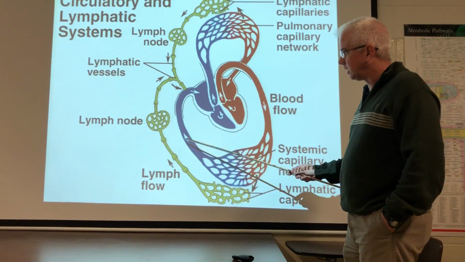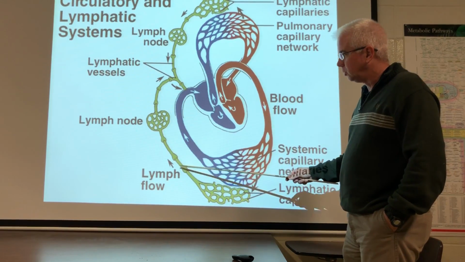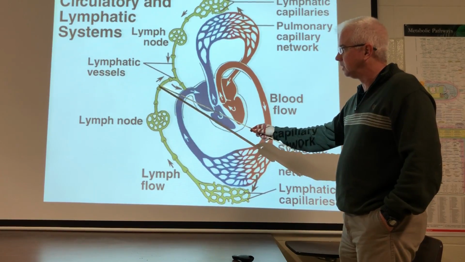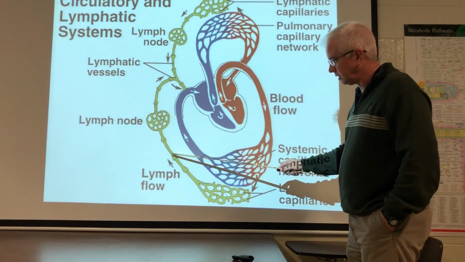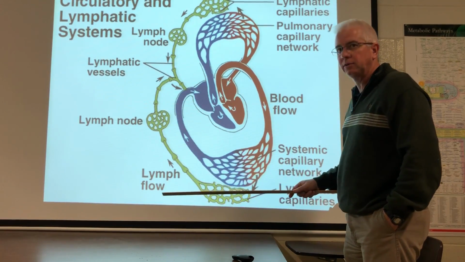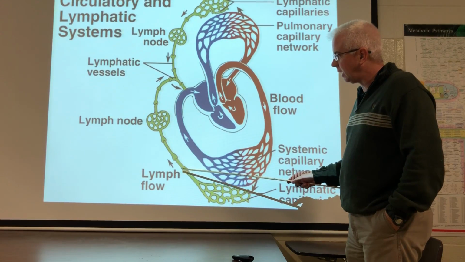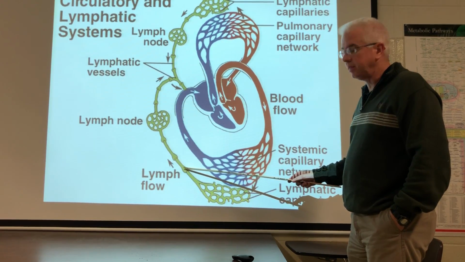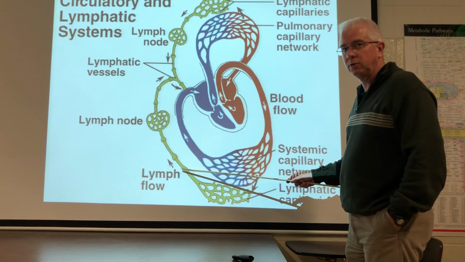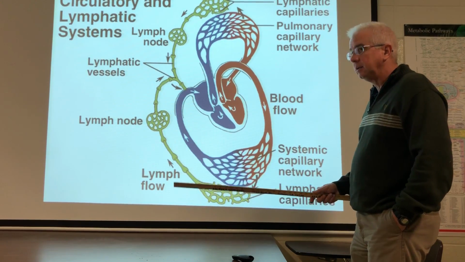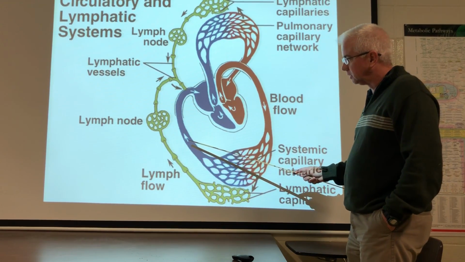And you will also find, like their venous counterparts, valve systems. So these little bulges in the image here are intended to point out to you that they also have valve systems within them in order to prevent the backflow of the fluid. And some of you are already guessing.